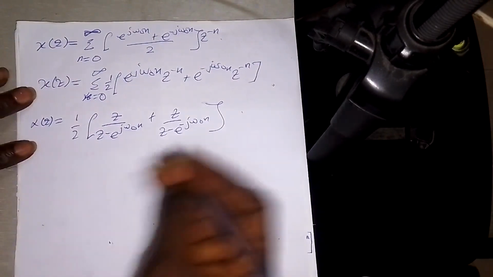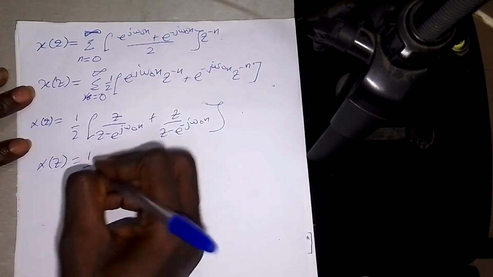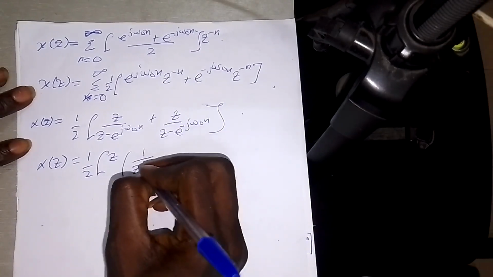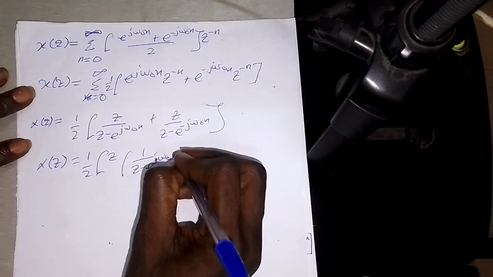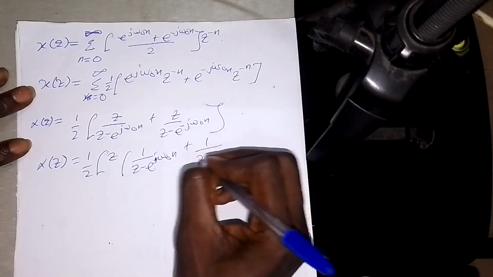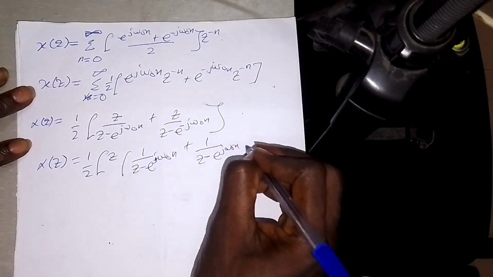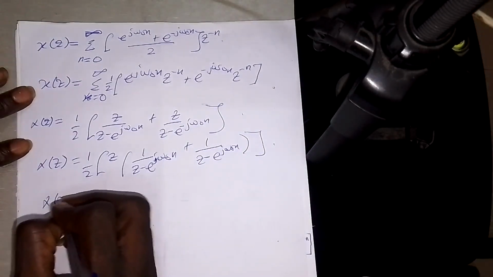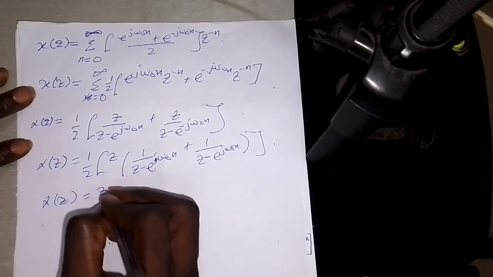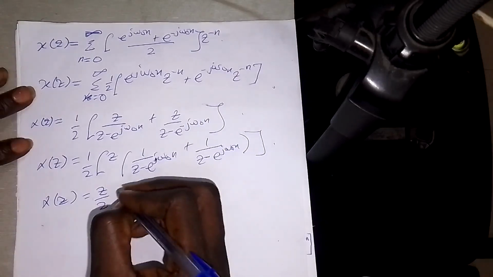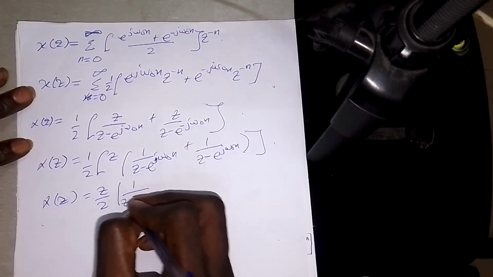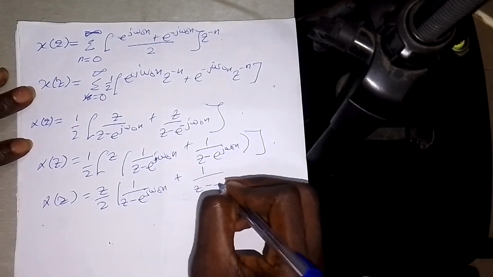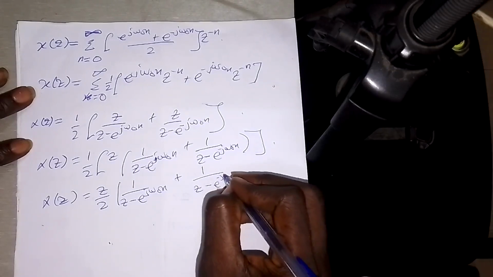Now you can just bring your z out. So now X(z) is equal to 1 over 2 into z, and here you have 1 over z minus e^(j omega naught n) plus 1 over z minus e^(j omega naught n). So X(z) is equal to z over 2 into 1 over z minus e^(j omega naught n) plus 1 over z minus e^(minus j omega naught n).